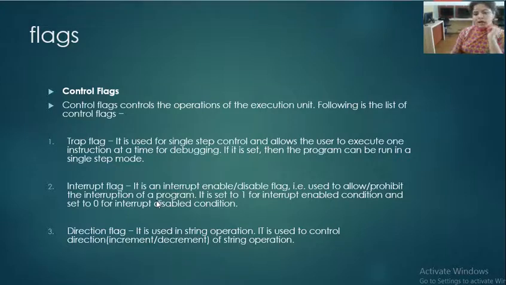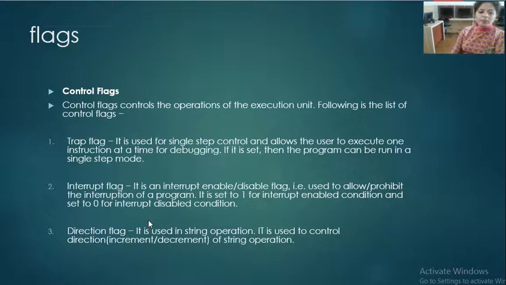So the interrupt flag allows us to enable and disable interrupts accordingly. That is, it allows you to prohibit and allow the interruption of a program. It is set to 1 for interrupt enable condition and set to 0 for interrupt disable condition.